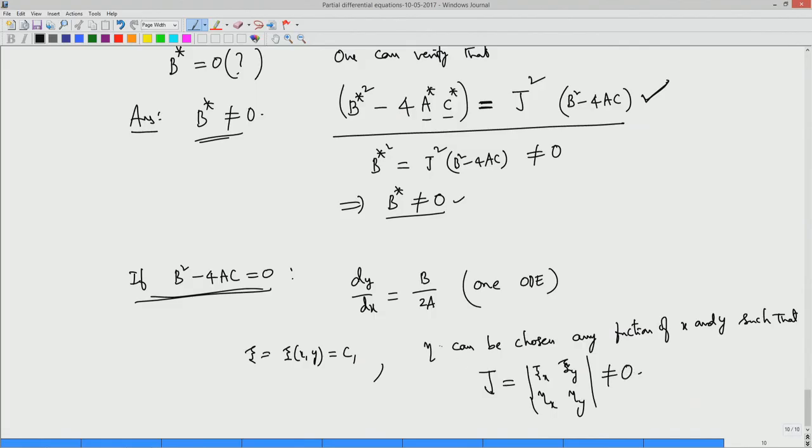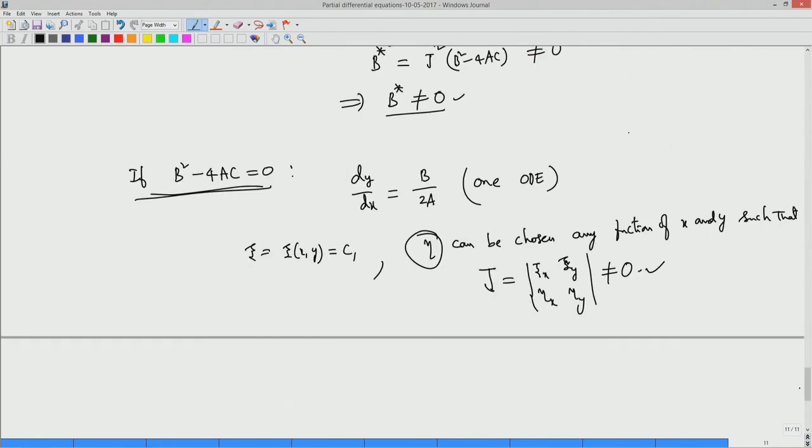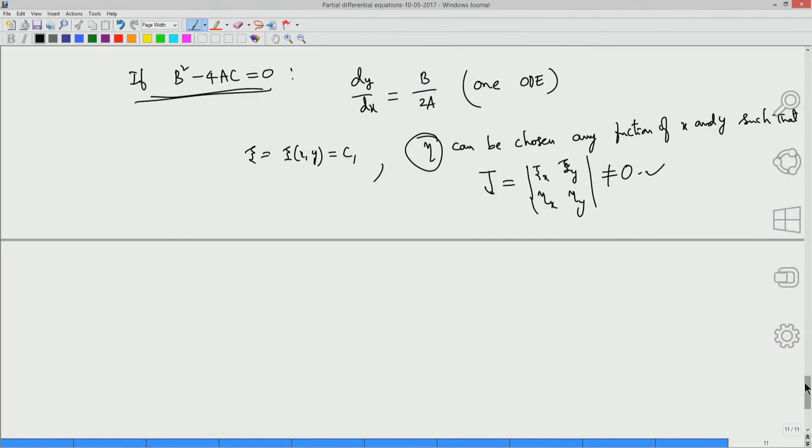Make sure that you choose eta in such a way that this Jacobian is non-zero. If you do that, that works. With those two variables xi and eta, you can reduce your given second order partial differential equation into a canonical form.